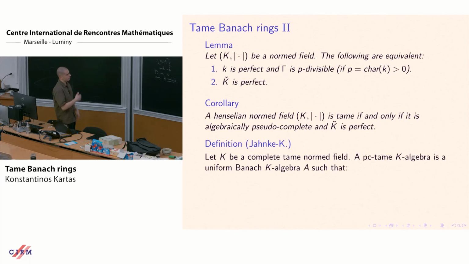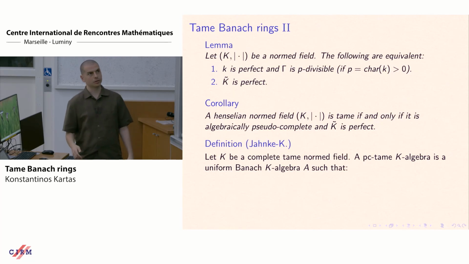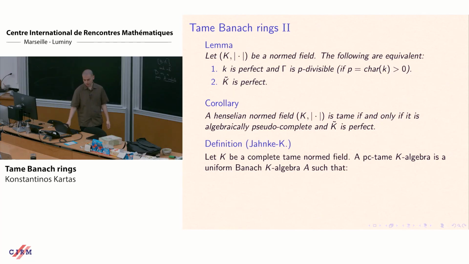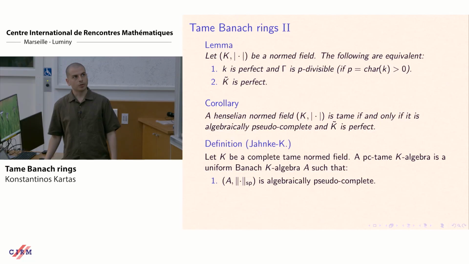Now we're just going to say the same words for algebras. We start with a complete tame normed field, then a PC tame algebra. PC stands for pseudo-Cauchy or pseudo-complete, as you prefer. It is just going to be a uniform Banach algebra such that A is algebraically pseudo-complete. Again, feel free to think of spherically complete with respect to the spectral norm.